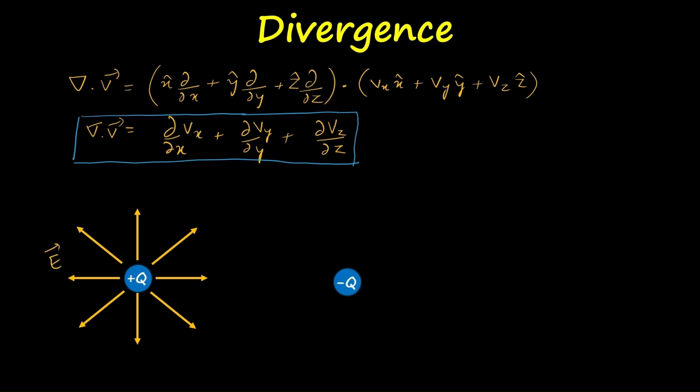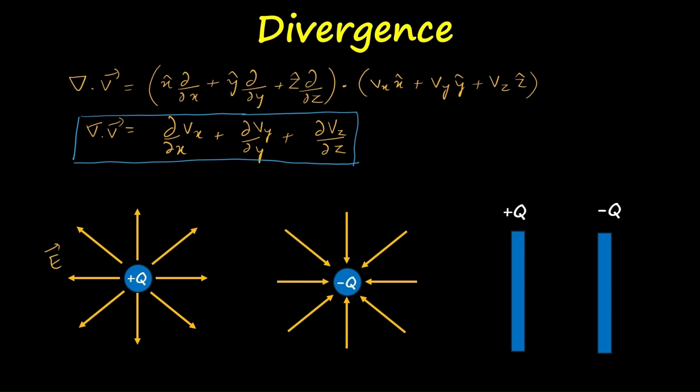If we consider a negative point charge, the electric field lines will look like this. Now, we'll take another example. Let's say we have two metallic plates with equal and opposite charges, plus q and minus q. If we neglect the electric fields at the boundaries, then the electric field lines will look like this.